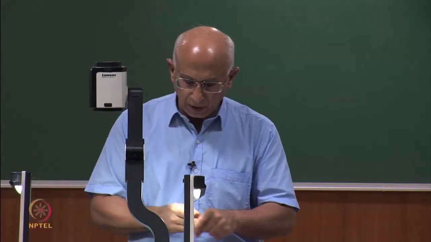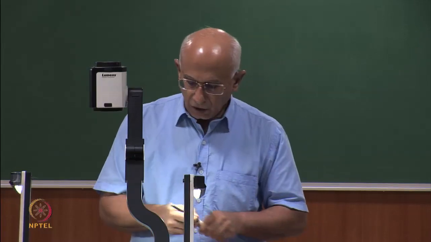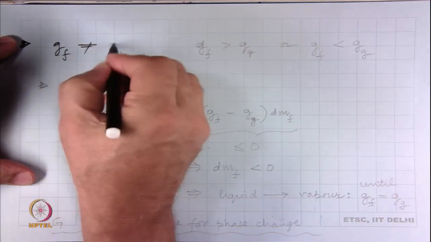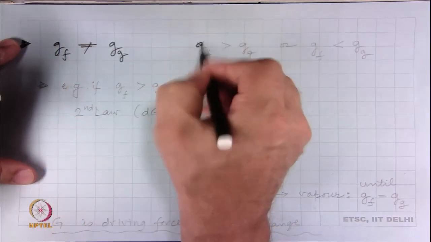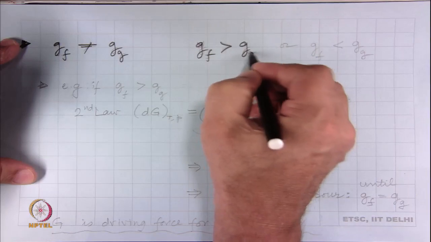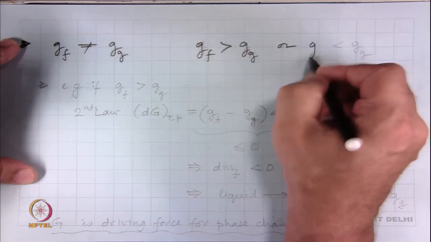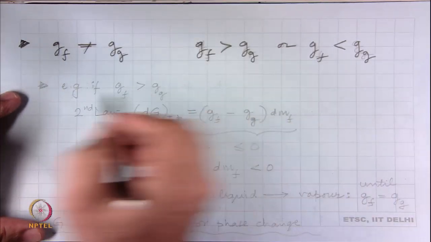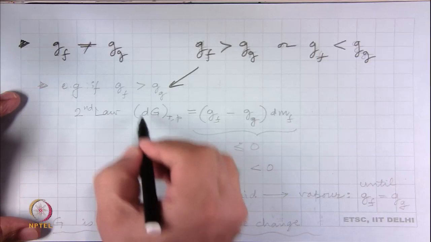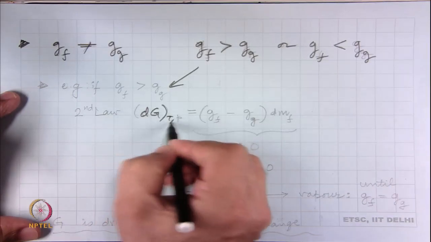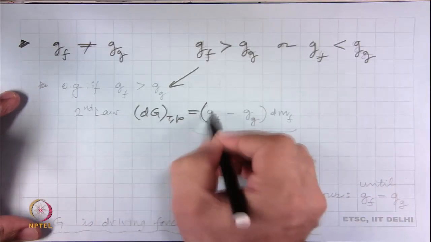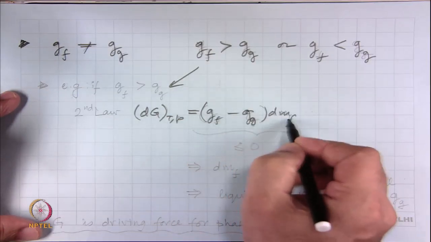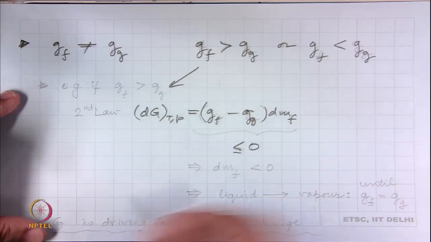So, what will happen if these were not equal? We say if G_f is not equal to G_g, and say G_f is greater than G_g, or we have the second case where G_f is less than G_g. Then, taking this case, the second law says that dG at T and P, which is equal to (G_f minus G_g) dm_f, has to be less than 0.